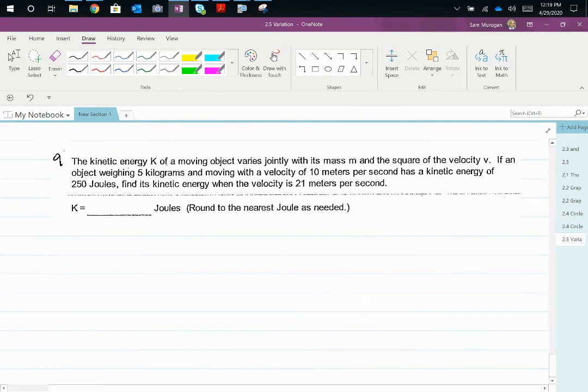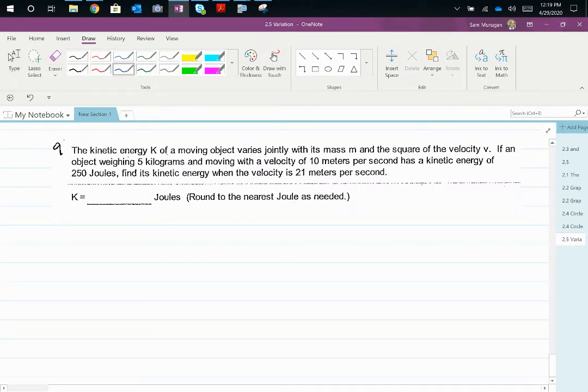The kinetic energy K of a moving object varies jointly with its mass m and the square of the velocity. So K is equal to little k, the constant of proportionality, times m v squared. And we substitute our numbers. The object weighs 5. Velocity is 10. Large K is equal to 250.